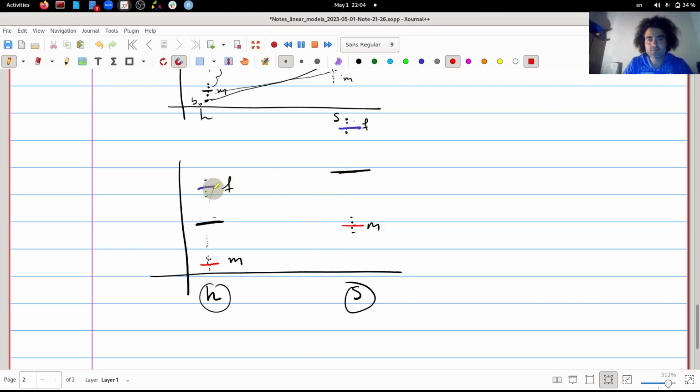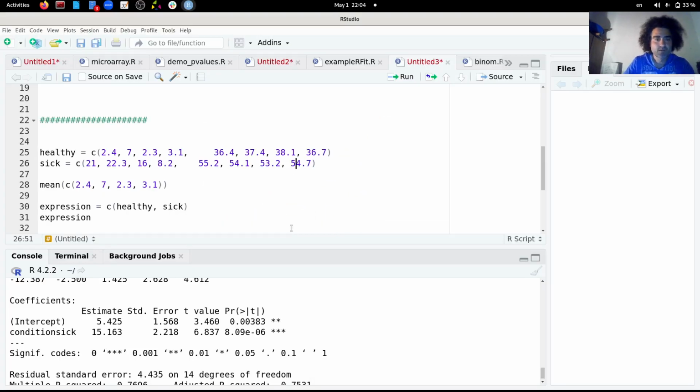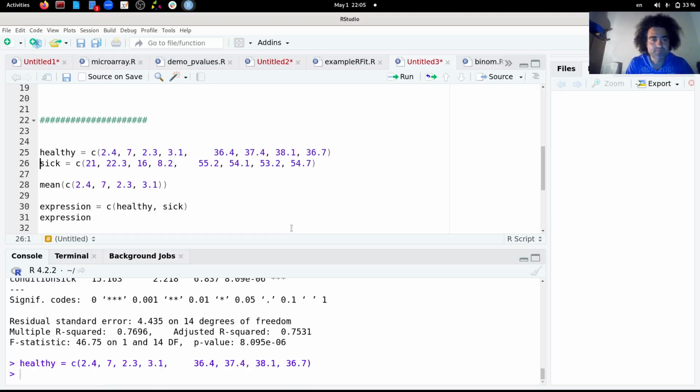And the variance is much smaller here and much smaller here, so perhaps this difference will be statistically significant. It will be B1 in both cases. Whereas in this case, since the variance is so large between these two means, this difference will not be statistically different. Okay, let's see.